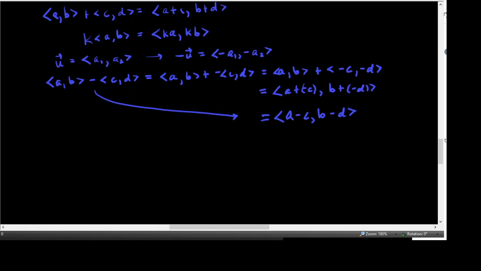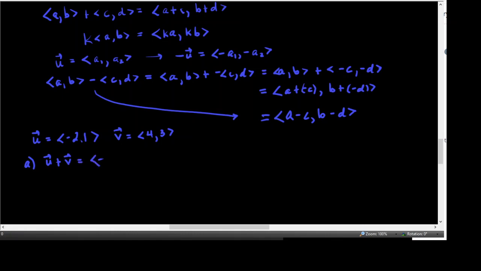So let's do an example. Let's say vector u is in component form -2, 1, and v in component form is 4, 3. We're supposed to find several different things, so let's find them. First, they want us to do u plus v.